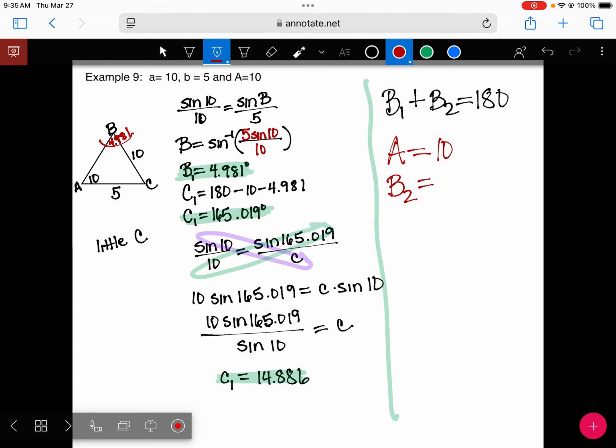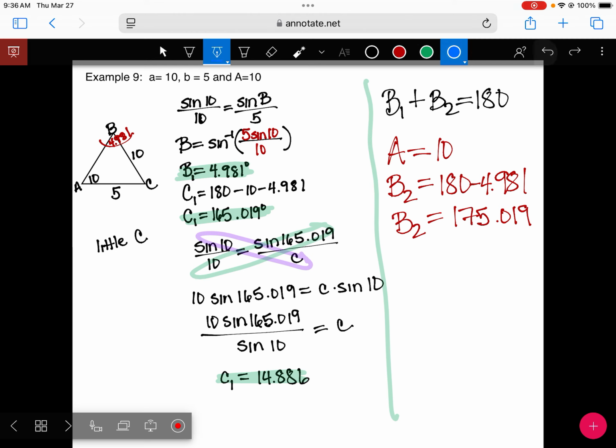B2 would equal 180 minus this B1, because B1 and B2 will be a linear pair if it is a second triangle. When we subtract that 4.981, we get that B2 would be 175.019.